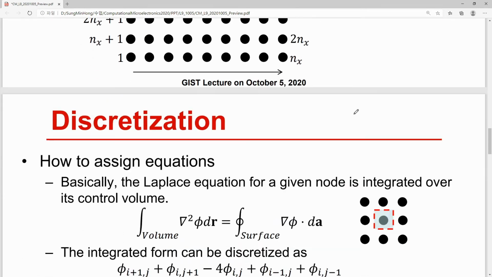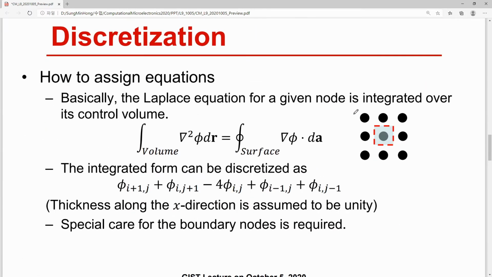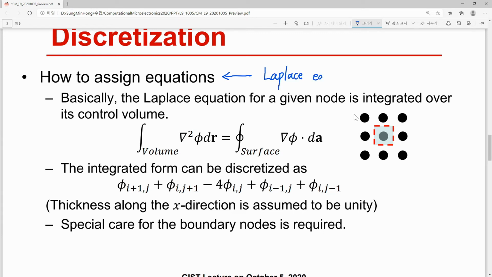So now let's say that you can easily find the index inside your solution vector. Then first of all, we have to assign the discretized form of our Laplace equation. So how can we proceed with this two-dimensional example?